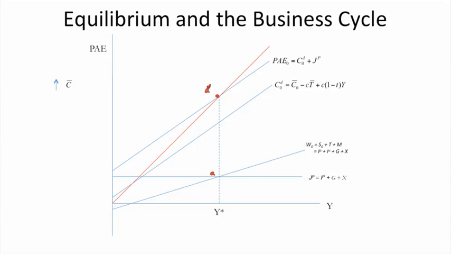All right, for whatever reason, we now have this increase in exogenous consumption. What does that do to this model? Well, it's going to show up in the consumption function, fairly obviously. So the economy's consumption function shifts up.